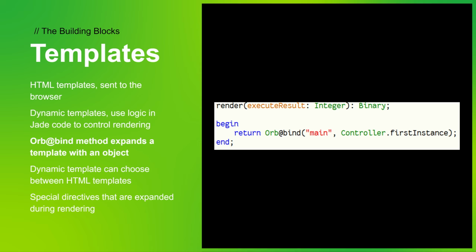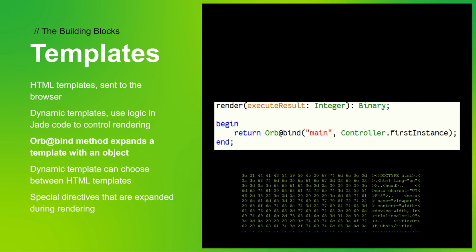Orb provides the bind method, a very powerful method that allows you to create a binary representation of your HTML for sending to the web browser. So in this example, we're returning the result of calling the bind method on our main template layout, and that will produce a binary representation of that HTML.